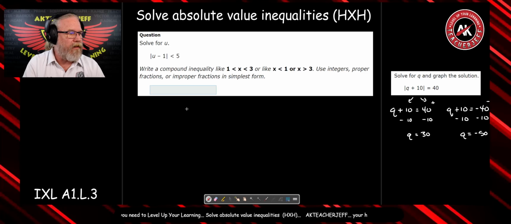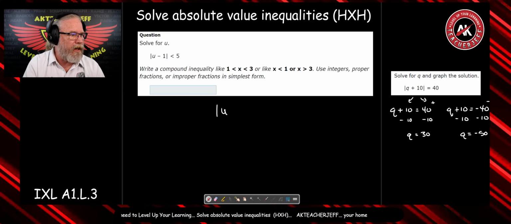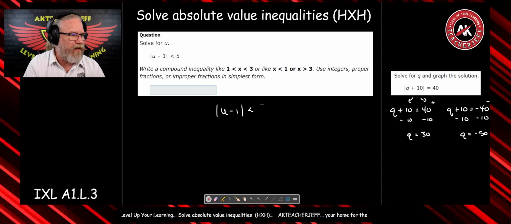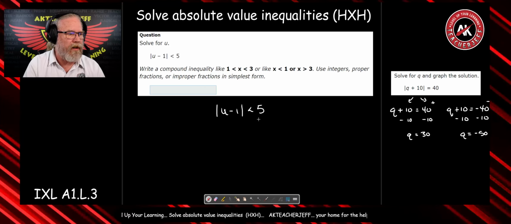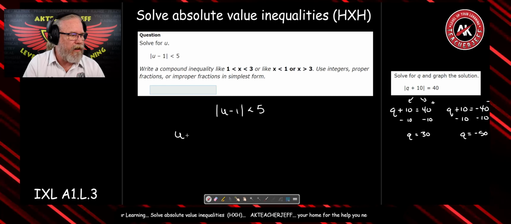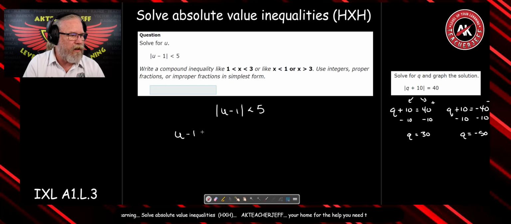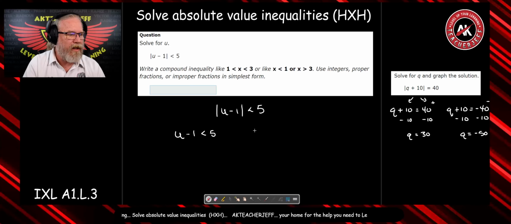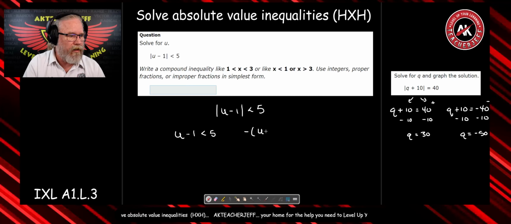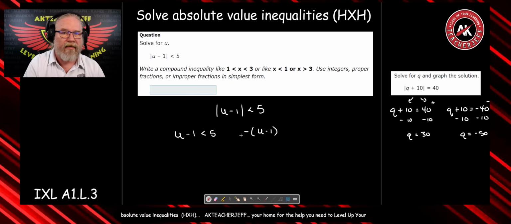Let's do a rewrite. Always good to do a rewrite. Absolute value of U minus 1 less than 5. Let's take what's on the inside. Create a positive form of it. Less than 5. Now we want the negative form. So we're going to put it in parentheses, U minus 1 with a negative sign out in front of it.